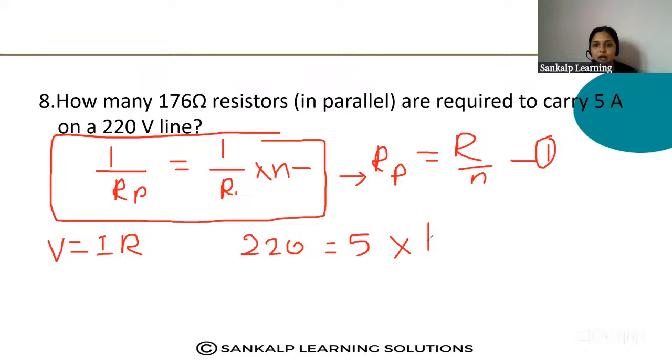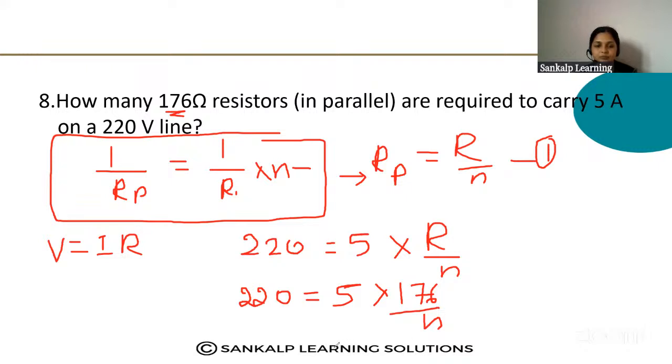R is equal to R by N. So again, 220 volt is equal to 5 into, what is the value of R? R is given, that is 176 ohm, divided by N. Can you find out N now?